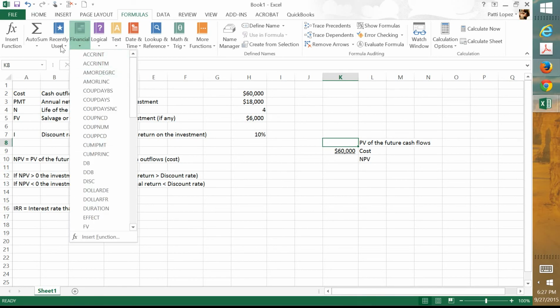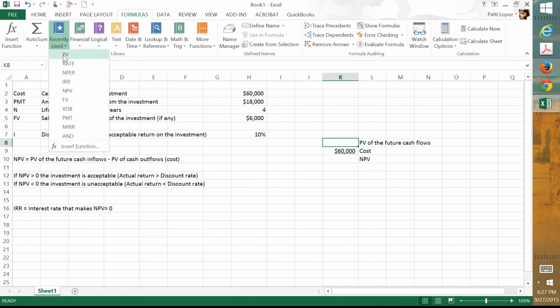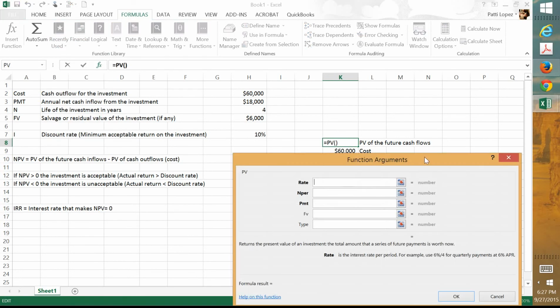So if we go to financial, or to recently used, we can pull up PV. Big Al's discount rate is 10%. The life is 4 years. The payment is $18,000. The future value is $6,000.